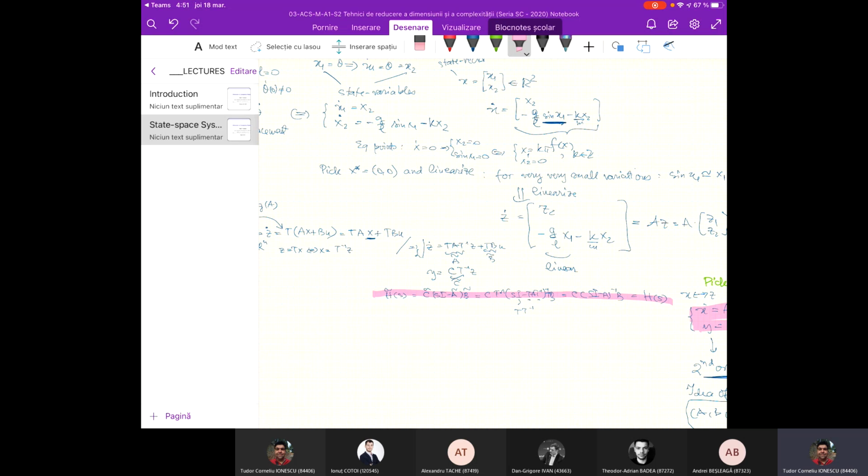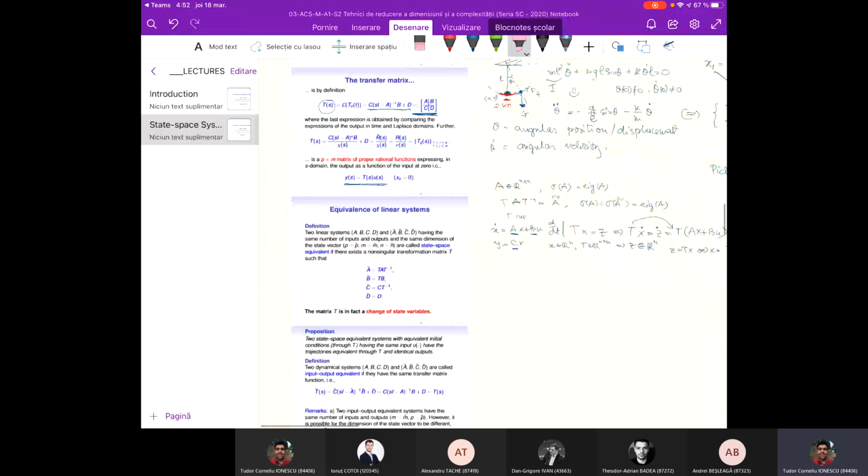Is this clear to you? Yes. So we are definitely going to use these coordinate transformations.